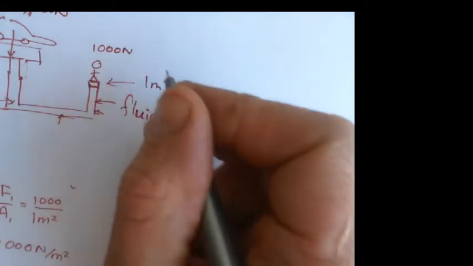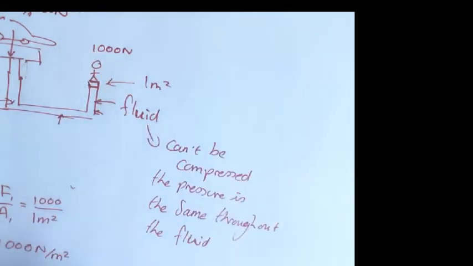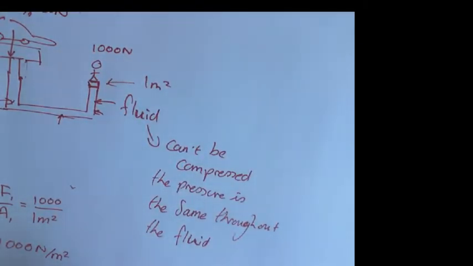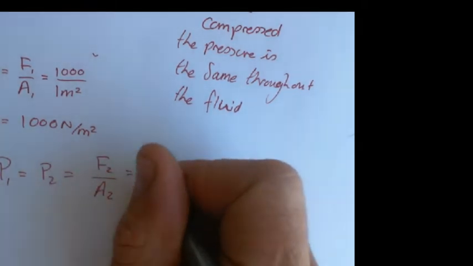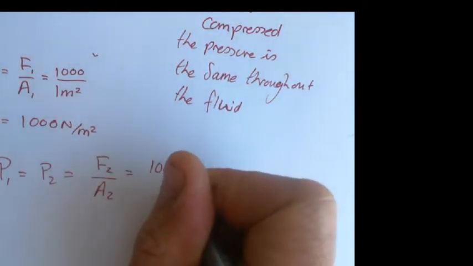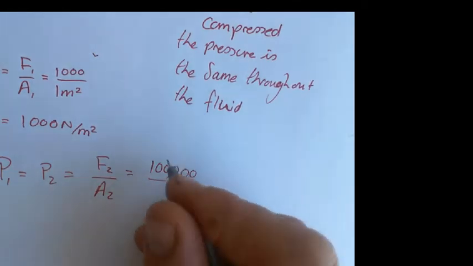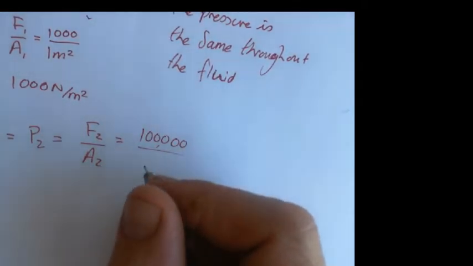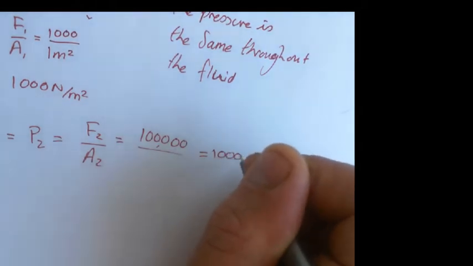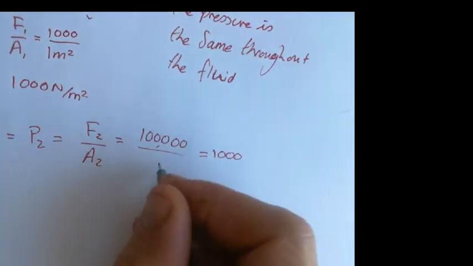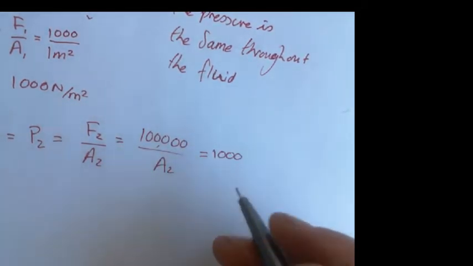And we know that P1 is equal to P2, which equals force 2 divided by area 2, where force 2 is the weight of the car, and you know that that's 100,000. And you know that P2 is equal to 1,000. And what you're trying to work out is the area.